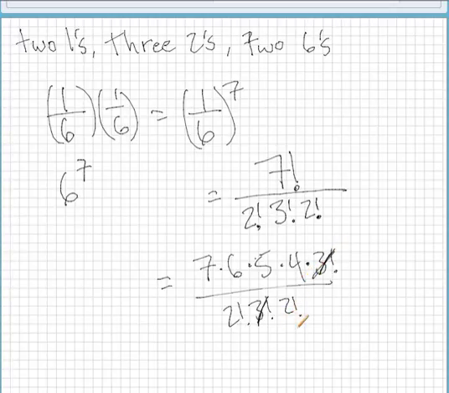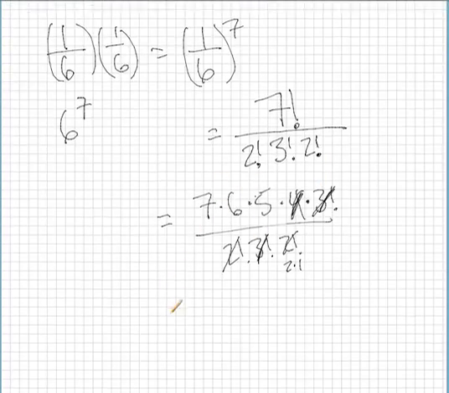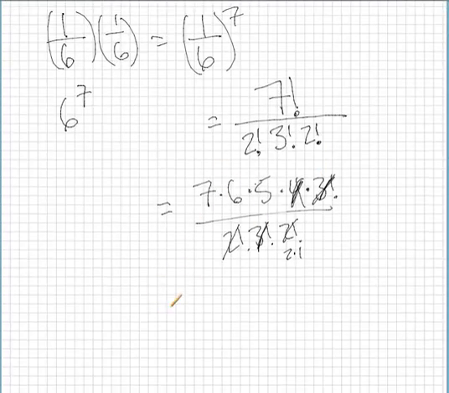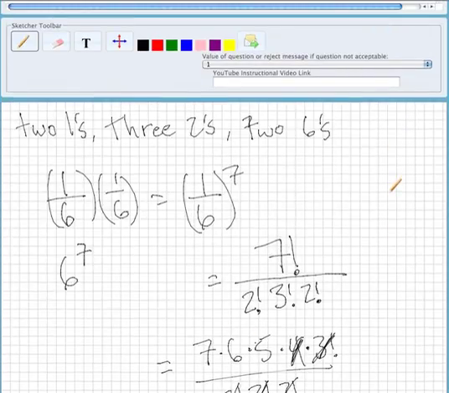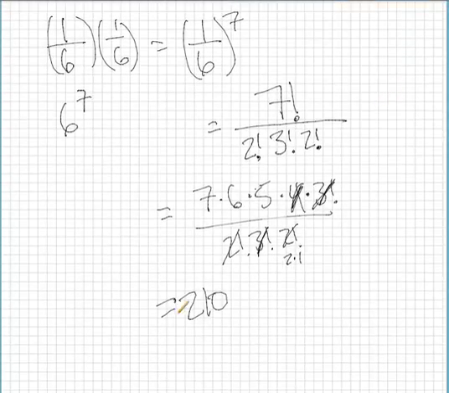And 2 factorial is just 2 times 1, so 2 times 2 equals 4. What we get is 6 times 35, so we have 210 ways to roll 3 2s, 2 1s, and 2 6s. That's how many different ways we can roll that.